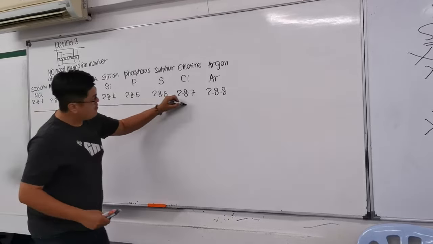Just assume this is a periodic table. Of course it's not complete. This is a random one. You can choose not to copy it. Let's say I go for some random ones.